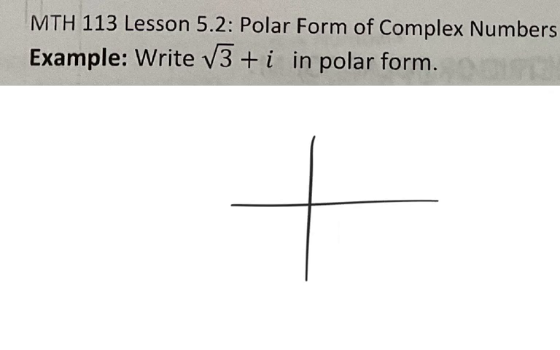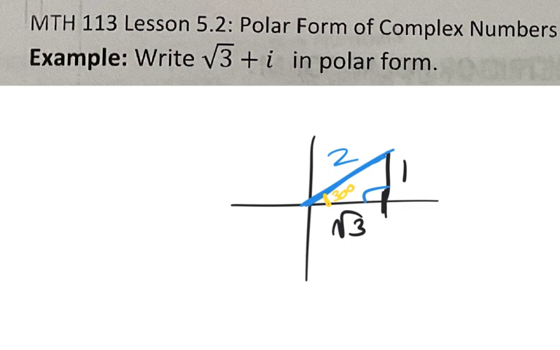So on the real axis, we should be at radical 3, which means I went over radical 3 on the right. On the imaginary axis, we went up 1, which means I'm looking for this distance. This is the triangle that we know. It's 1, radical 3, 2, which means what should be my angle here? 30 degrees. Opposite of 30 is a 1.